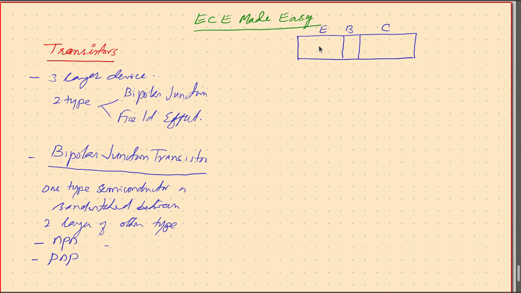Emitter, as the name suggests, it emits the mobile carriers, and collector, as the name suggests, is there to collect the emitted charge carriers. So the charge carriers are emitted through the emitter and they are passing through the base and they are going to be collected at the collector, and the base is the one which is going to modulate the speed or the amount of carriers to pass through it.